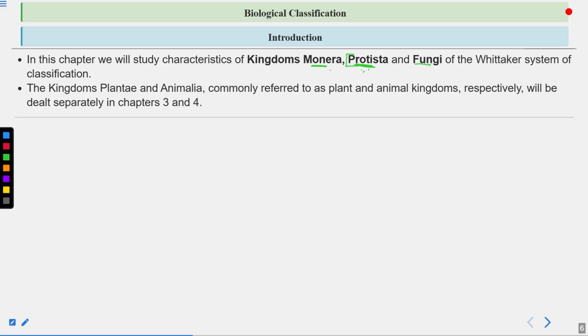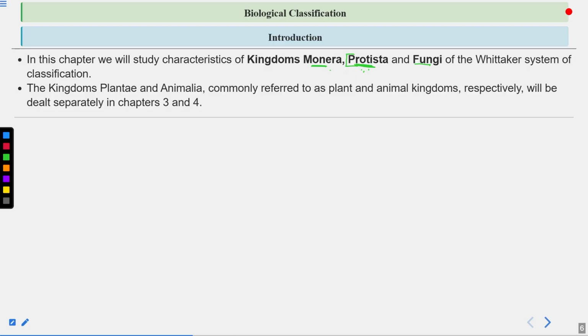Then you can see protists can be also heterotrophs or autotrophs. Clear? Then they are also single-celled. Like members of Kingdom Monera, Protista are also single-celled, means they are unicellular. Clear?